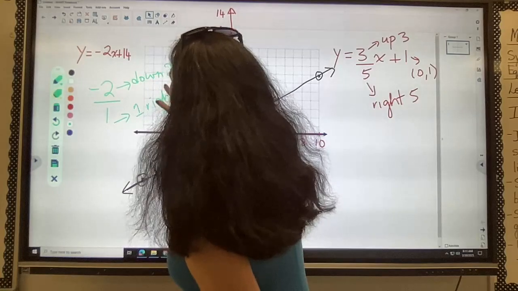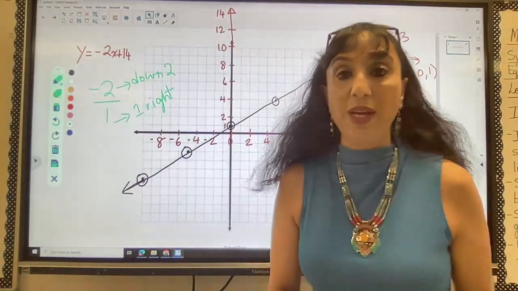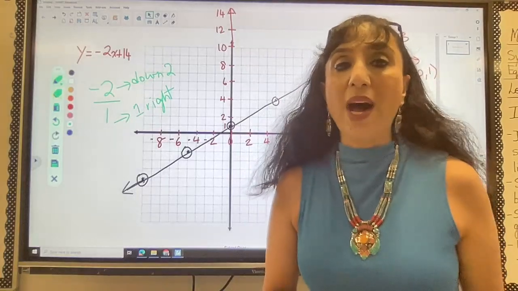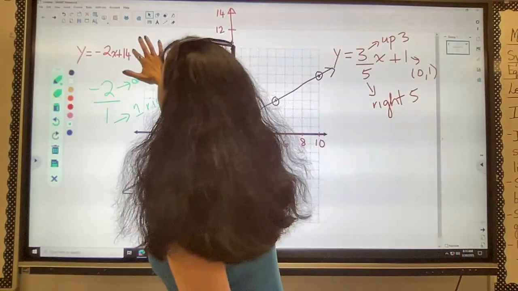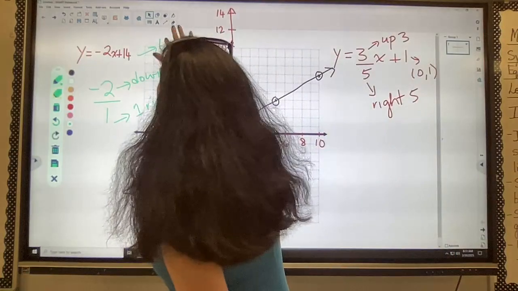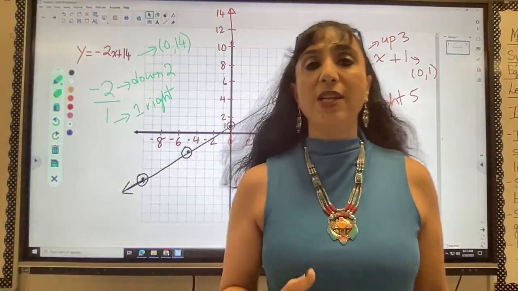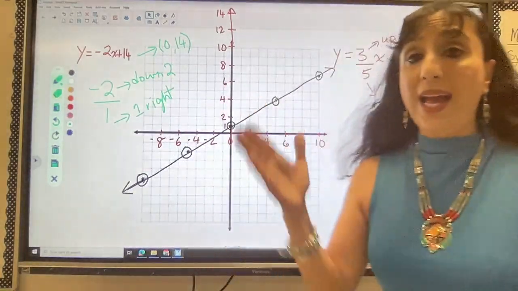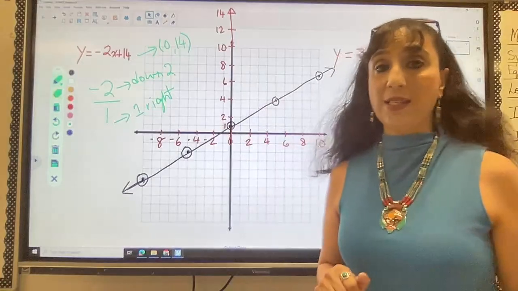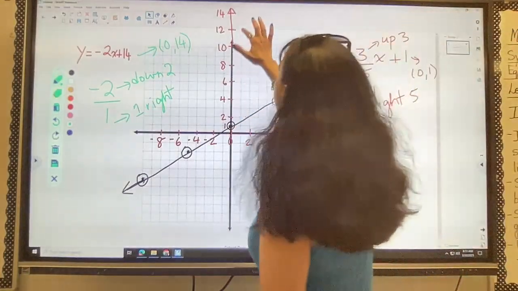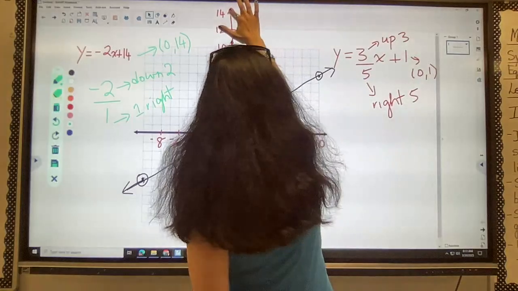That's what my slope is going to be. And my y-intercept is 14, so my ordered pair is going to be 0, 14, because that's where it's going to intersect the y-axis. So 0, 14 is up here.